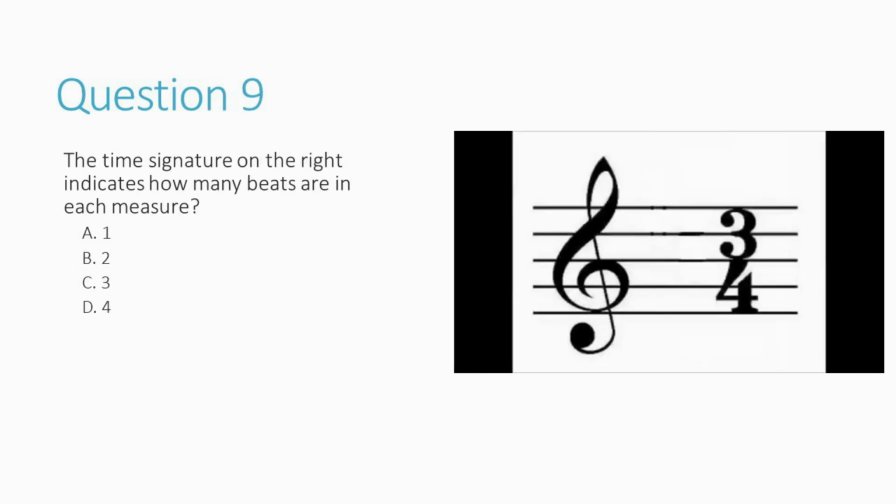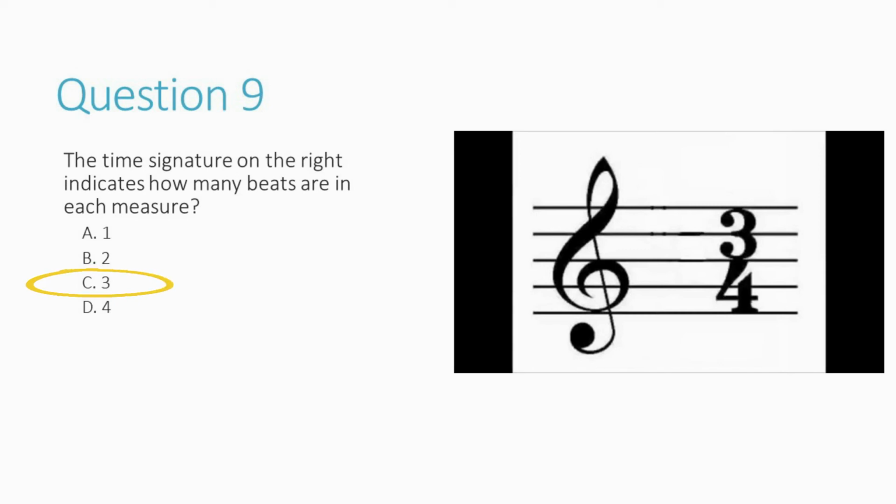Question 9. The time signature on the right indicates how many beats are in each measure. A, 1, B, 2, C, 3, or D, 4. The correct answer is C, 3.